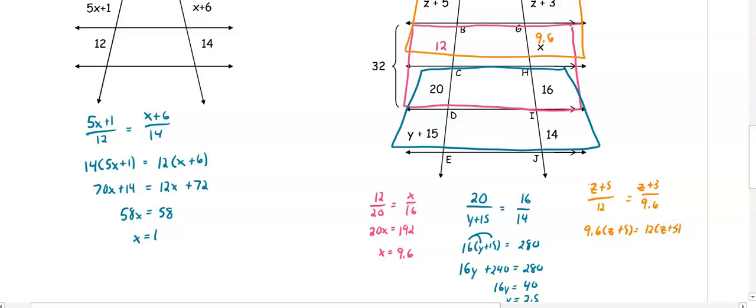So we can distribute, and we would have 9.6z plus 48 is equal to 12z plus 36. We can subtract 36 from both sides to get 12, and we can subtract 9.6z from both sides, and we get 2.4z. So when we divide 12 by 2.4, we get z is 5.